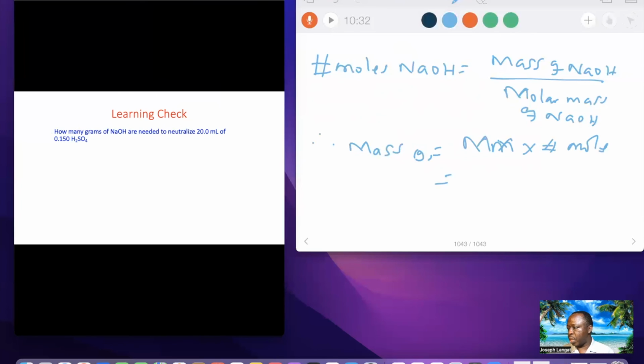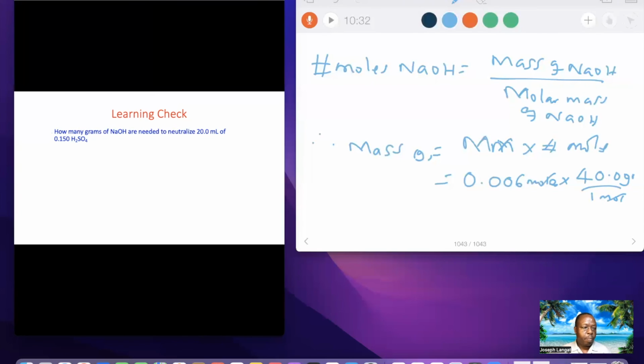The number of moles here is 0.006 moles times 40. Let's just approximate that as 40.0 grams per mole.